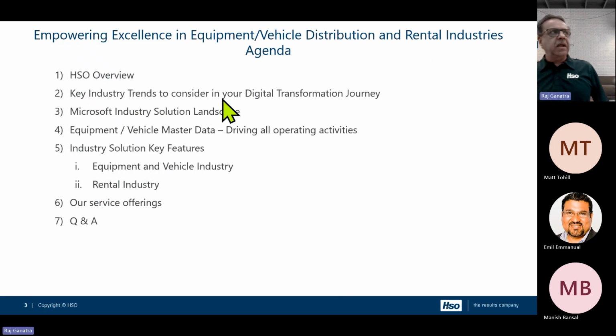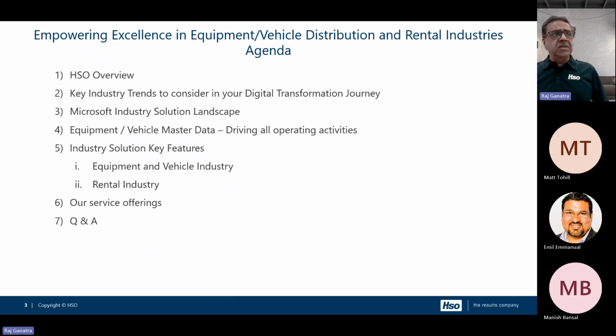Moving forward, here are some of the areas I intend presenting today, starting with a short overview of our organization, followed by the key industry trends you need to consider in your transformation journey. Then we look at the potential components of the industry solution on the Microsoft platform.